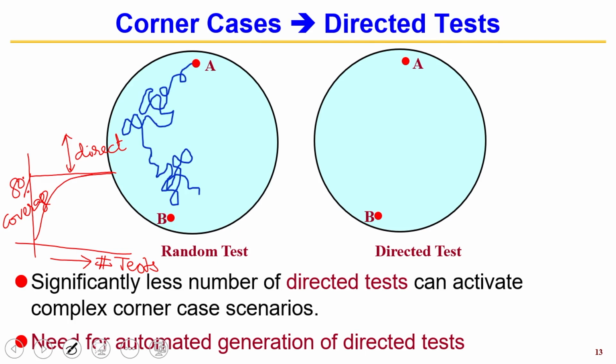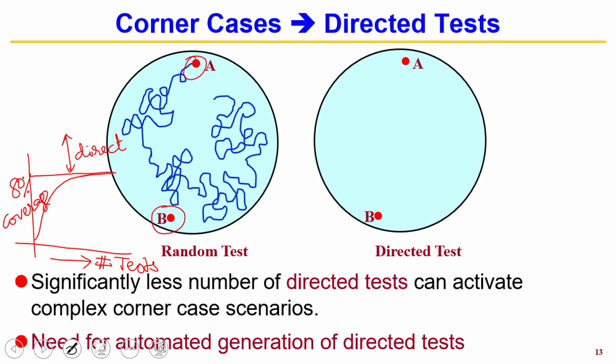So, let us say this is the initial state, and this is one of the branches that is not covered. You keep on running a lot of tests and it may not activate, or you can just manually write one of the tests that would take you right there.